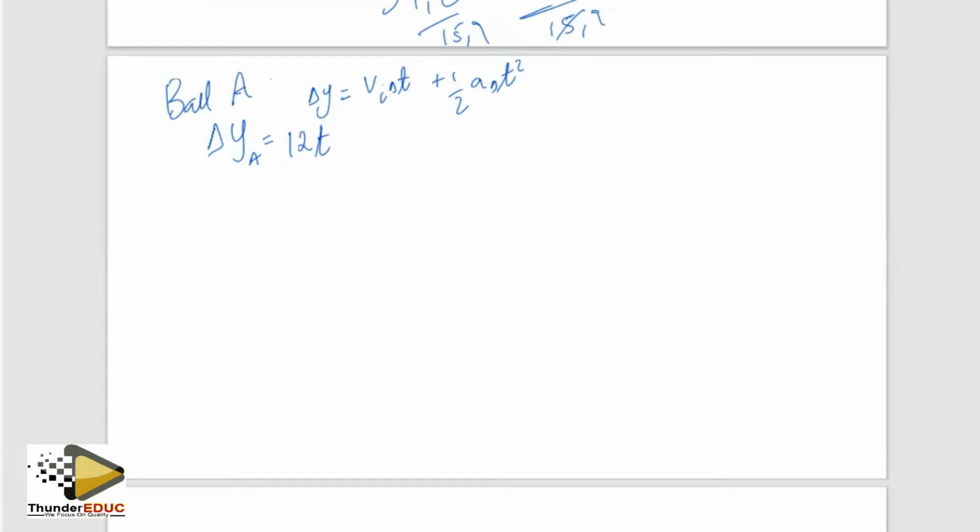Since the object is moving upwards, I'll take g to be minus. That's a half into negative 9.8 with a t squared. Simplify this, it's going to be 12t minus 4.9 t squared. This is the change in y of A.